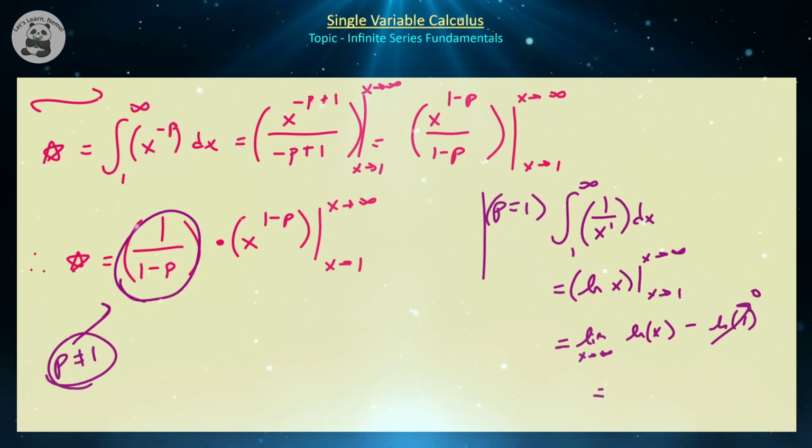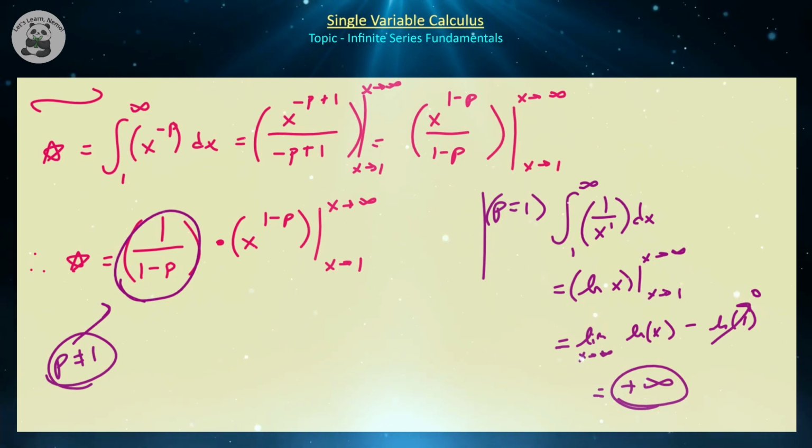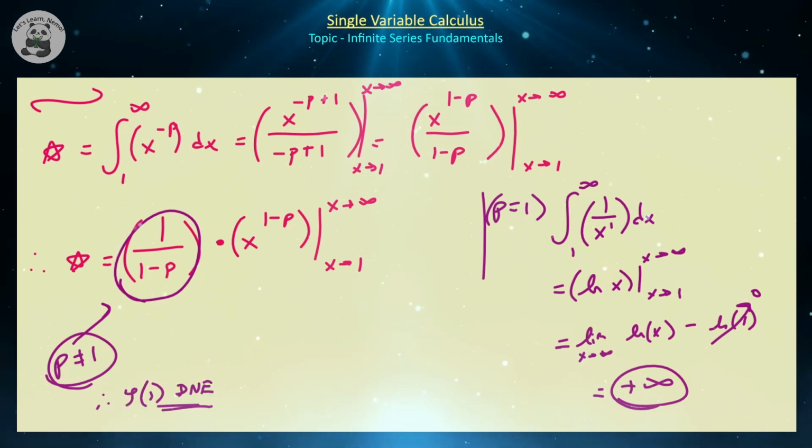And we know that the natural log function grows without bound, so that integral diverges, and hence the associated p series also diverges, which means that zeta of 1 does not exist. Right? So that's what that first term gives us.